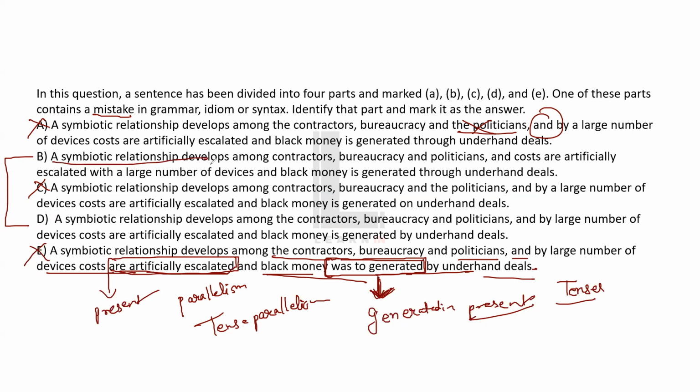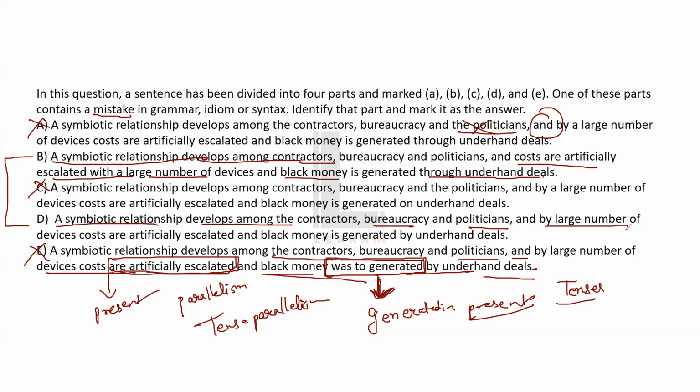Let us take it straight: a symbiotic relationship develops among contractors, bureaucracy and politicians, and costs are artificially escalated with a large number of devices, and black money is generated through underhand deals. Here, a symbiotic relationship develops among the contractors, bureaucracy and politicians. This is also correct.